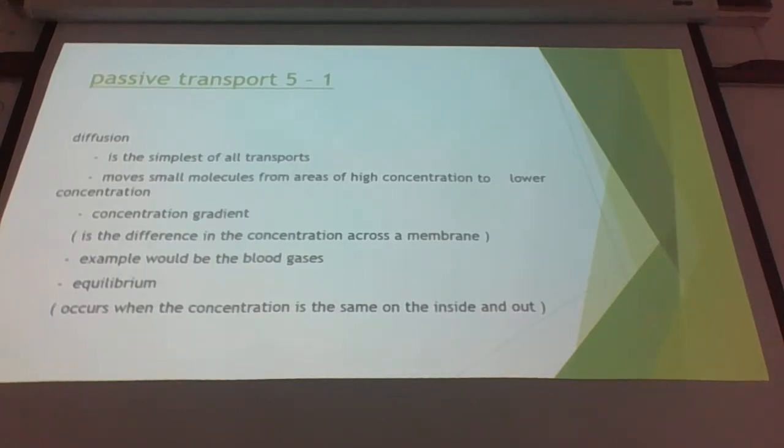Okay, so there we see that term concentration gradient, where a substance goes from high to low, is the best way to look at that. Blood gases would be an example of moving materials across that membrane. And this would occur until you reach equilibrium, where the concentration would be the same inside as it is outside.